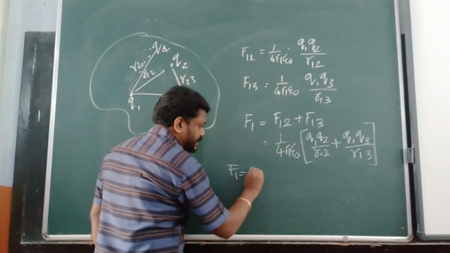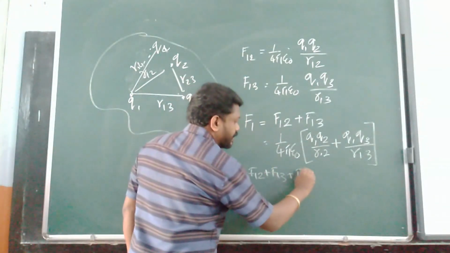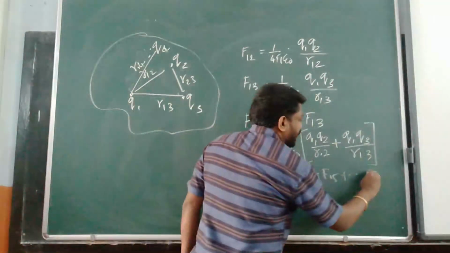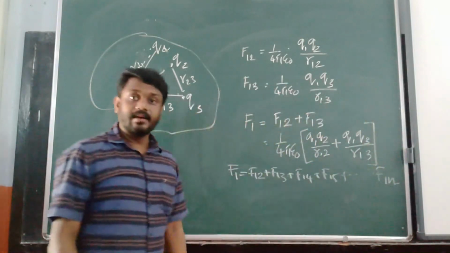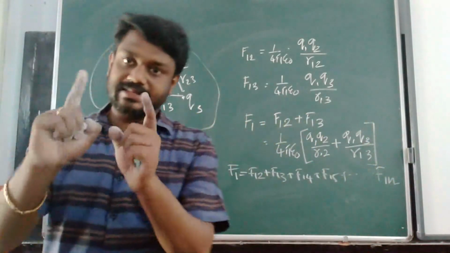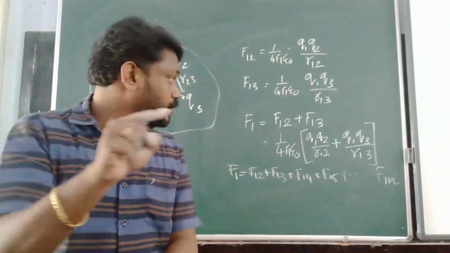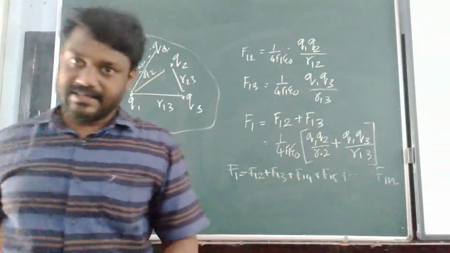That is, F1 is equal to F12 plus F13 plus F14 plus F15 plus etc. up to F1n, if there are n charges in the system and you are finding the total force acting on the first charge due to the rest of the charges.